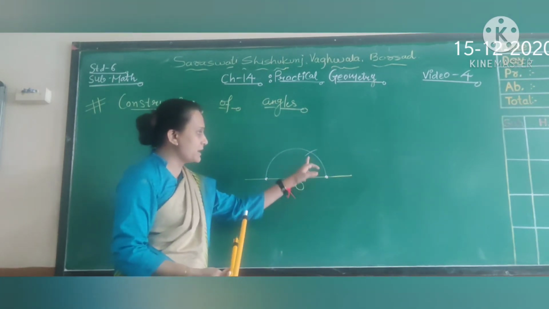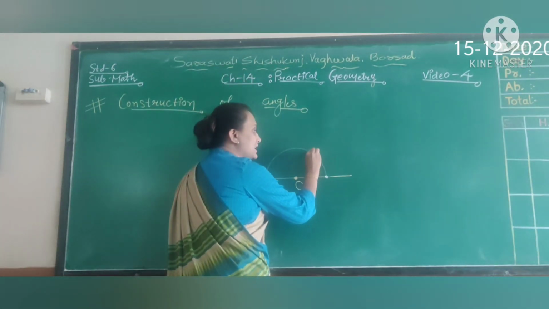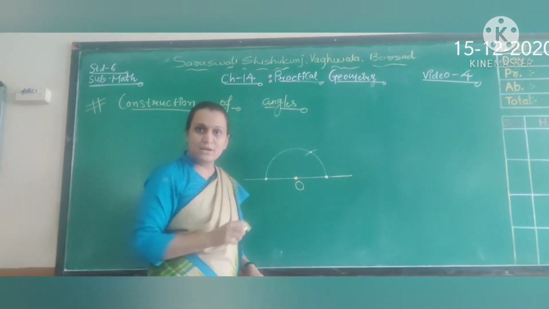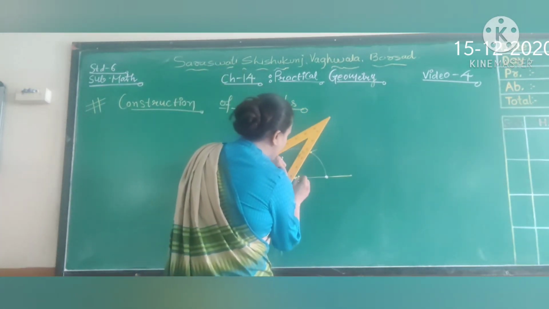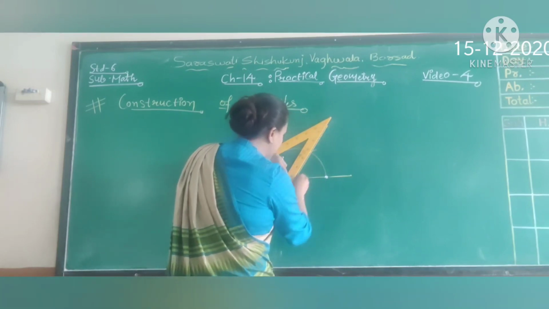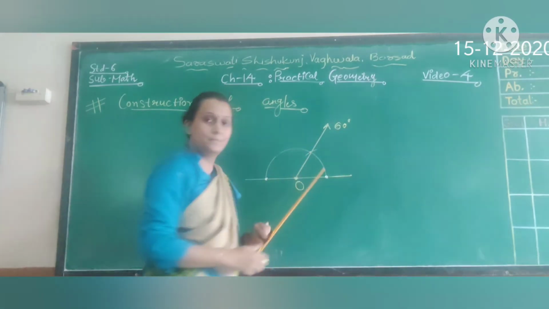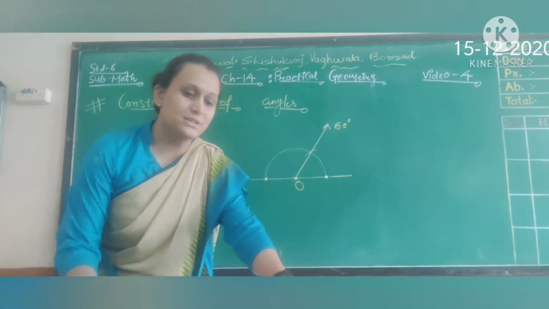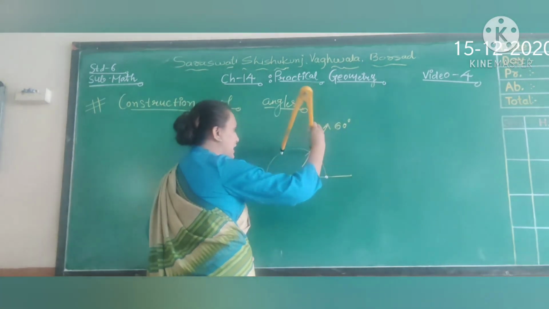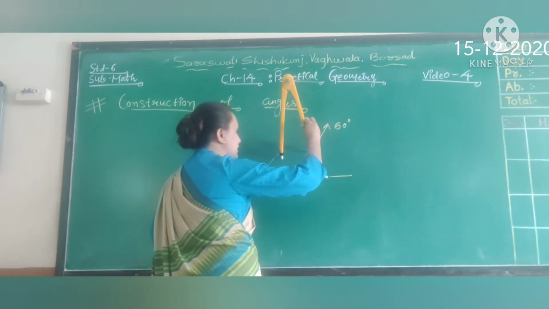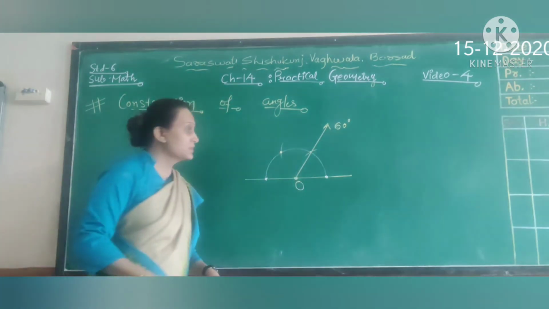Okay, so if you measure this angle, the measurement of the given angle is 60 degrees. Let us join it with the help of a scale. So here, this is your 60 degree angle. Clear? Now with the same measurement from 60 degrees, we have to draw an arc on the same semicircle. So here you can find one point.